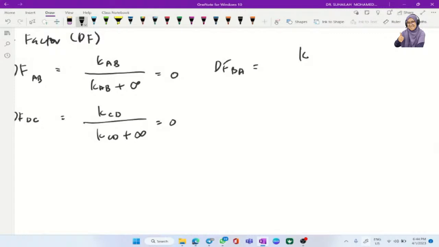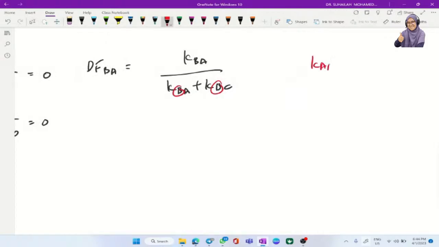So it is for member AB, or the easiest way to understand this, just put like this: KBA over KBA plus KBC. B here, B here. And always remember that KAB and KBA is the same.